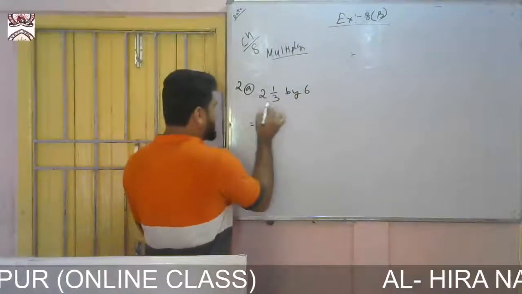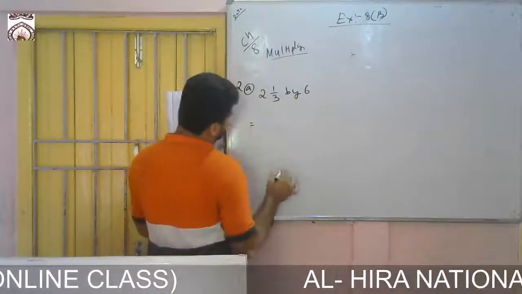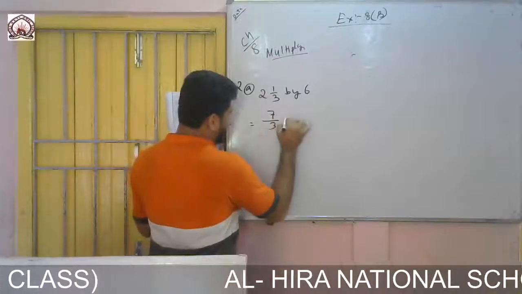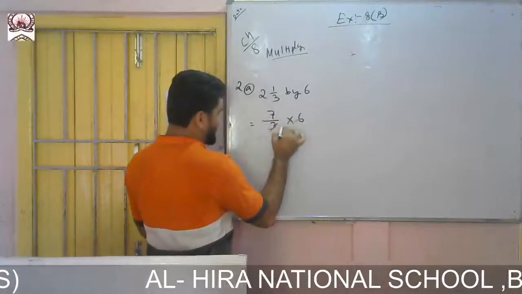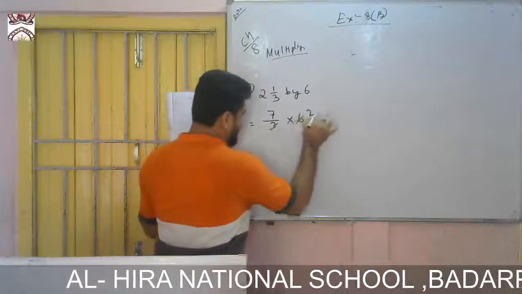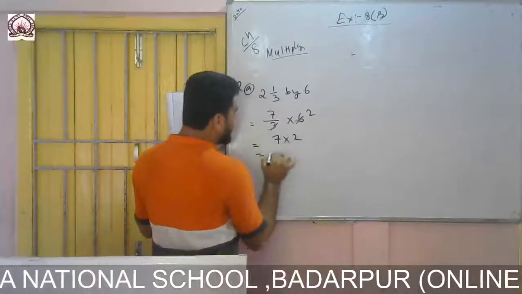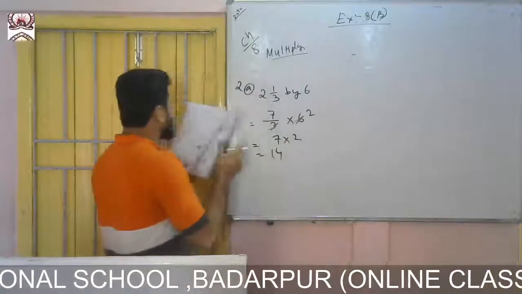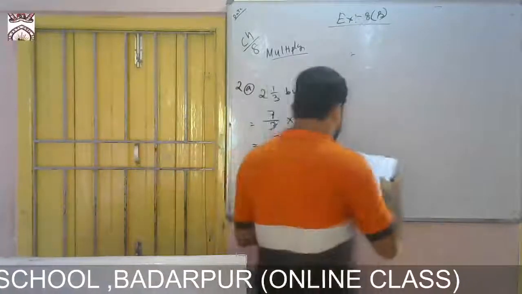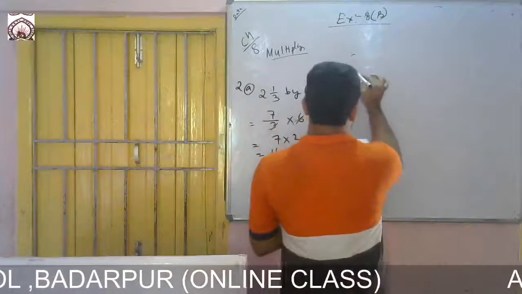So first you break this mixed fraction. 2 3s are 6, 7. 7 by 3 into 6. Now 3 1s are 3, 3 2s are 6. So 7 into 2, it is 14. Okay.